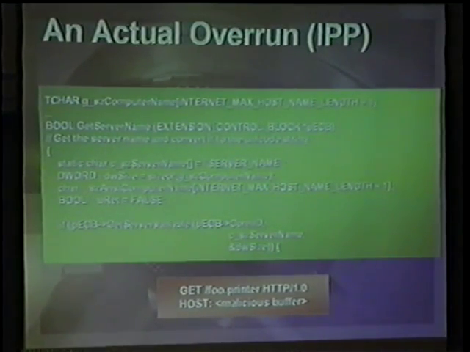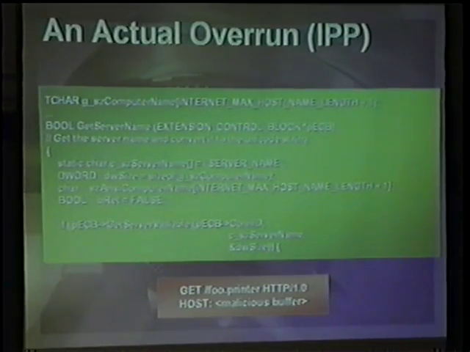TCHARs go back and forth depending on whether Unicode is defined or not, and in this particular case, it's Unicode. TCHARs, in my opinion, are actually a little bit dangerous. I personally like to work with things that are explicitly defined one way or another because I don't like to go rooting through, trying to see 12 levels up if Unicode is defined or not.